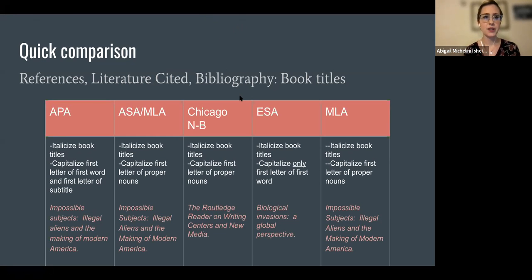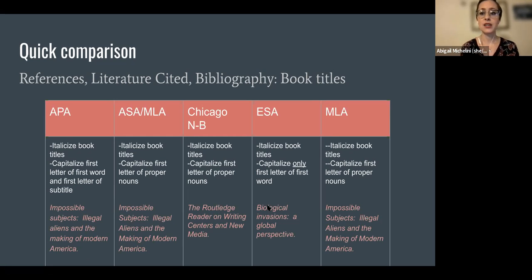Cite it the way it's on the book, or follow the style guide. That's right, follow the style guide. Most book titles are going to look like this, ASA. They're going to have each major word capitalized. You're going to follow the citation style. A lot of students make this mistake where they say, well, that's the way it was on the book. And that makes sense, right? You would think you just copy and paste it, but you don't. You follow the style that you're using.